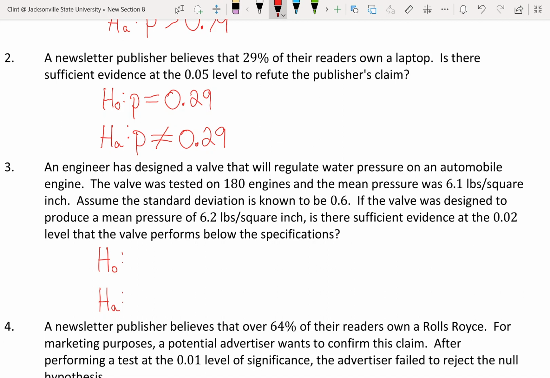On the test, I don't care if you write it as a decimal or a percentage, you can do it either way. Question on that one? That one's a little weirder because you may have seen the null hypothesis first.